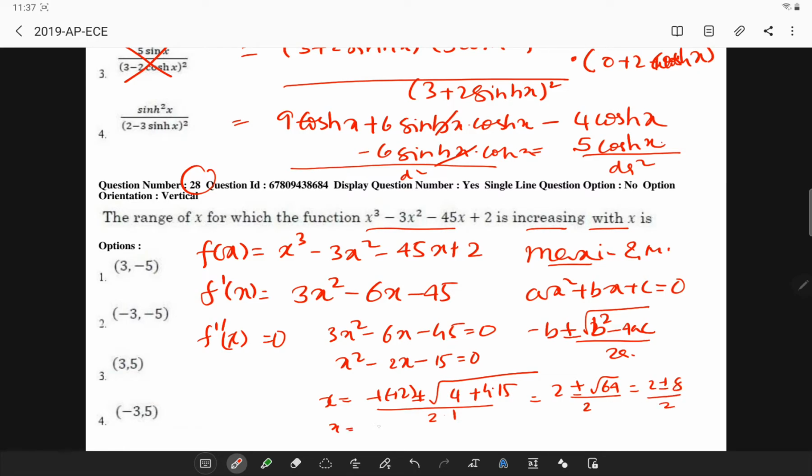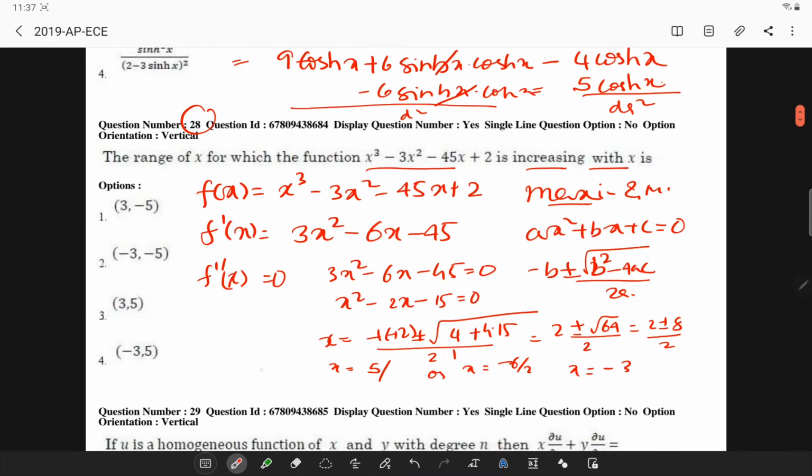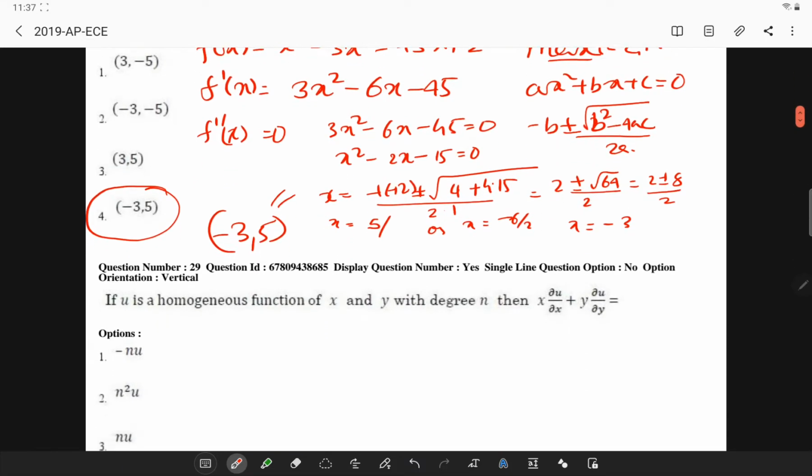So x is either 2 plus 8, 10, 5, or x is 2 minus 8, minus 6 divided by 2, which is equal to minus 3. So from these two options I can simply say minus 3 comma 5 are the stationary points.